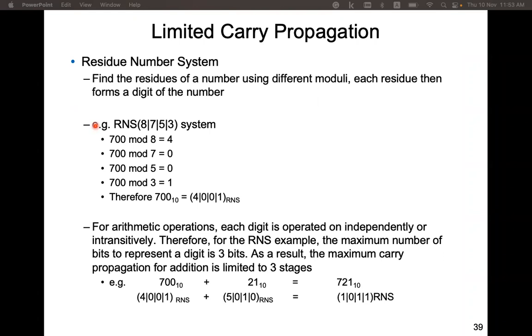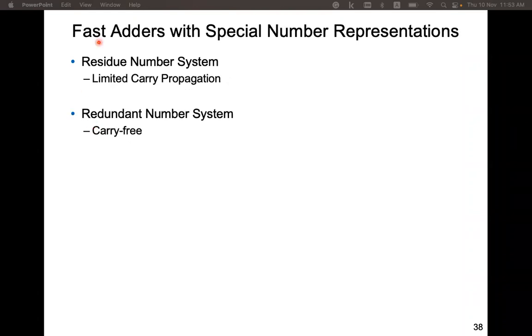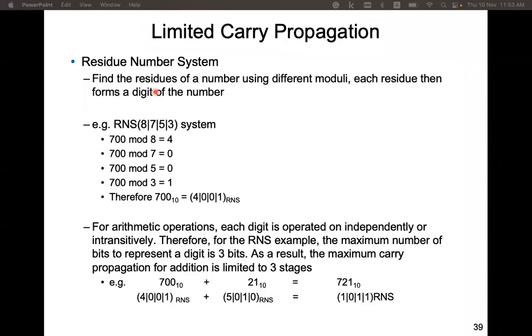Let me show you the first one, using the residue number system. It has limited carry propagation. That's a property. Still, all the methods here concentrate on getting around the carry propagation issue.